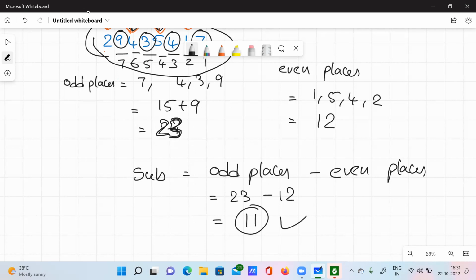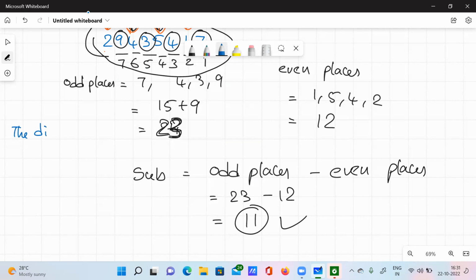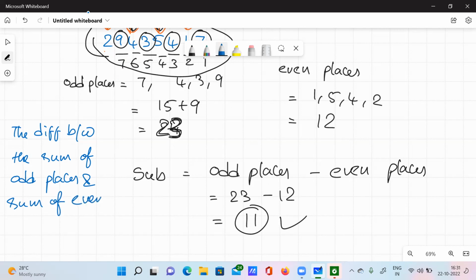So the condition is this. I'll write the condition here. Don't worry. The condition is the difference between the sum of odd places and the sum of even places should be divisible by 11.